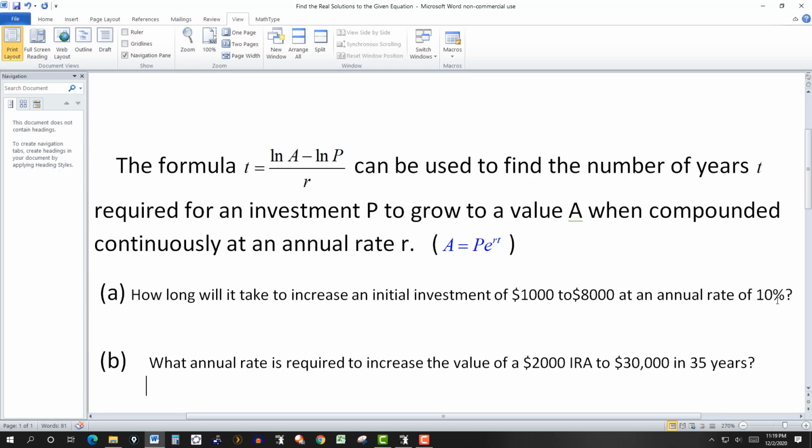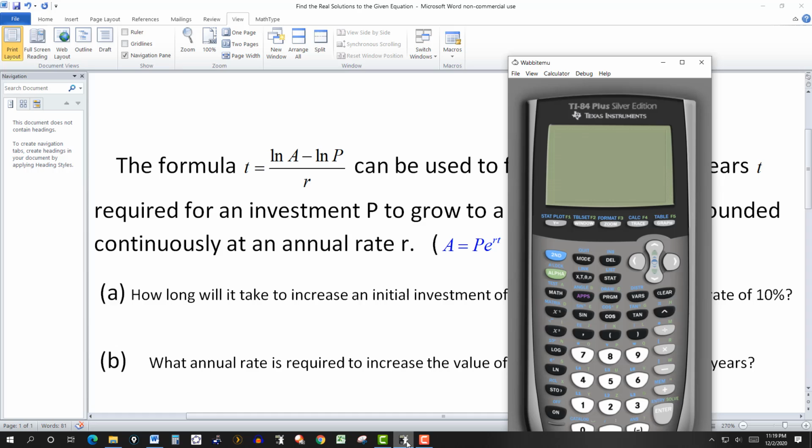How long will that take in years? So basically, you just plug in your values here. You could actually put them into this formula if you wanted to, and use some logarithms, base e in particular, and you can find T. But since they give you the formula here, we're just going to plug it in.